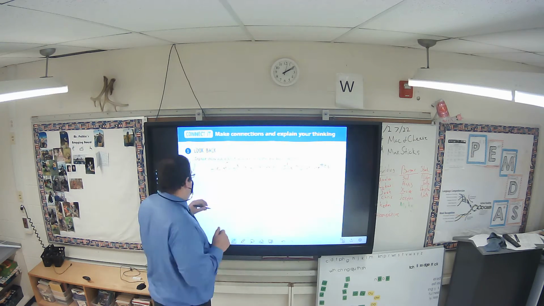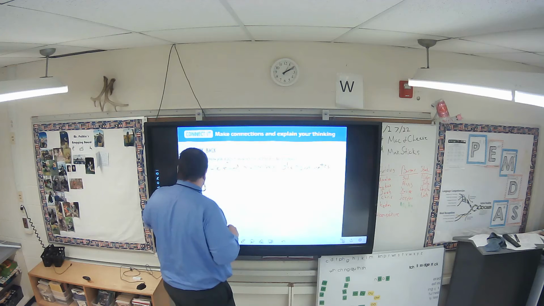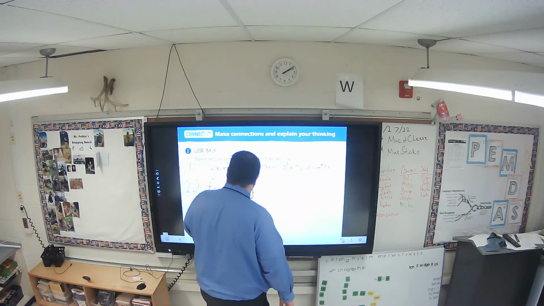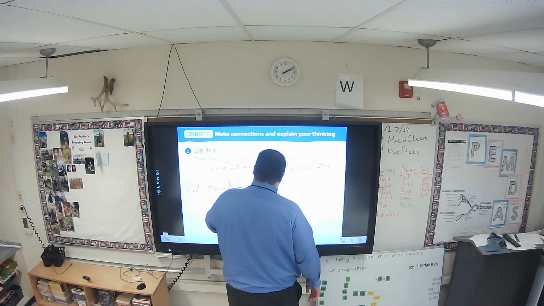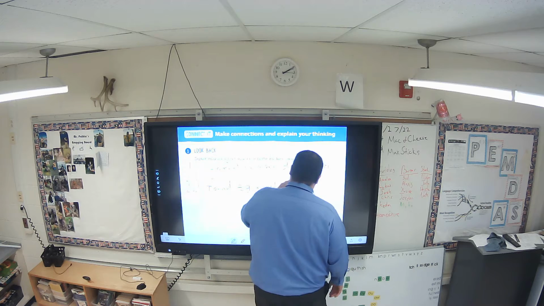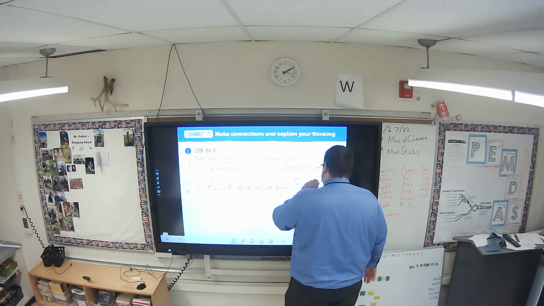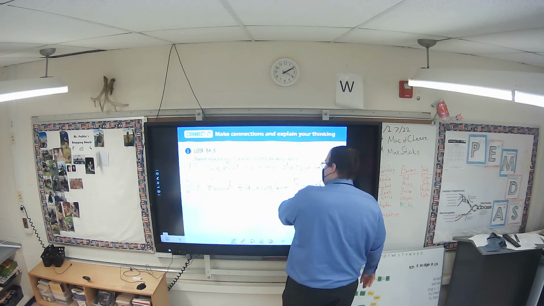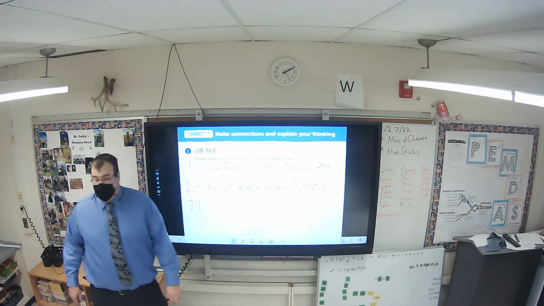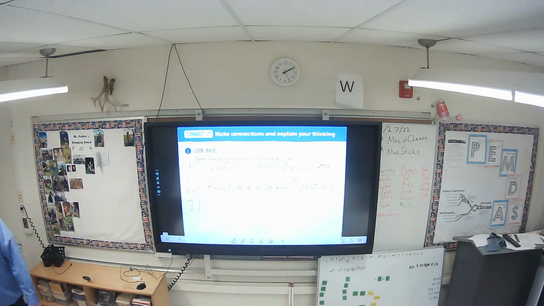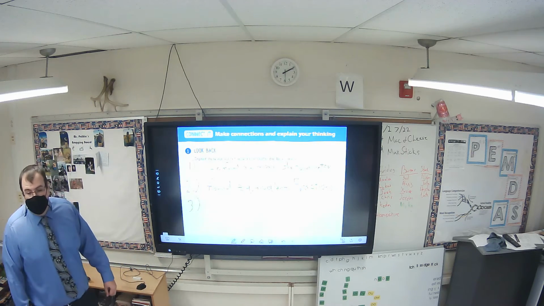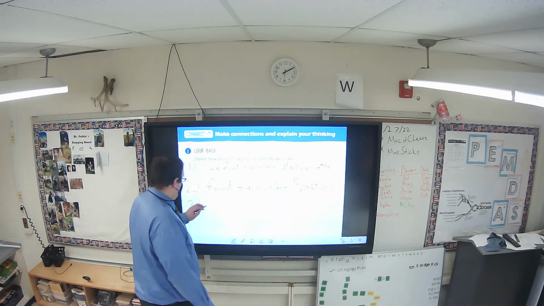We found equivalent fractions. And what did we do lastly? Added what? Not the fractions. We added the what, Nolan? We added the numerators.